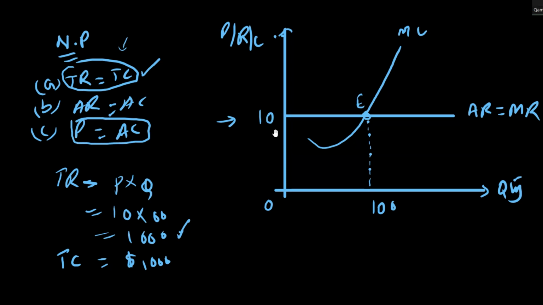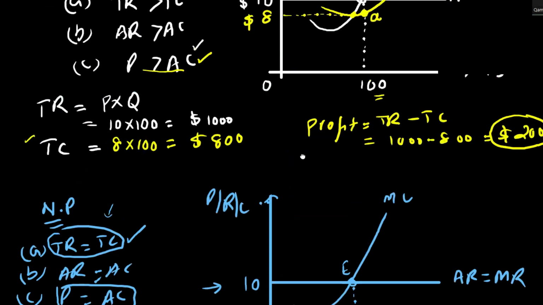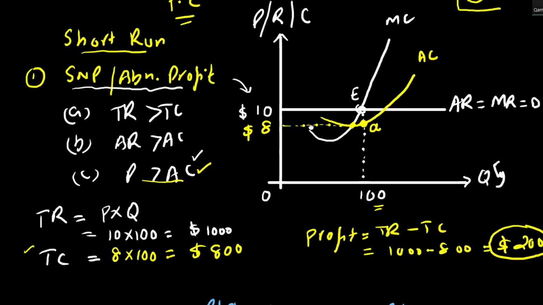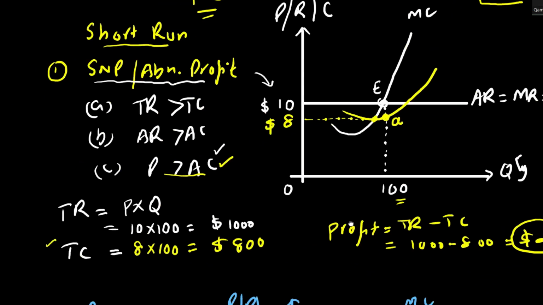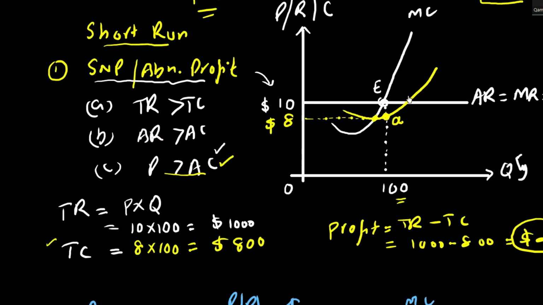And if I move back to the previous graph, to satisfy the condition of normal profit, our entire graph will exactly remain the same except the average cost curve, right? We will only move this average cost curve upward to somewhere at this point, right? So all other graph will exactly remain the same.